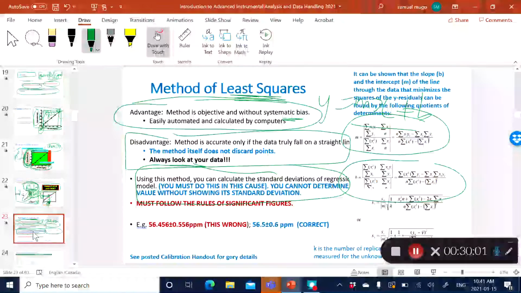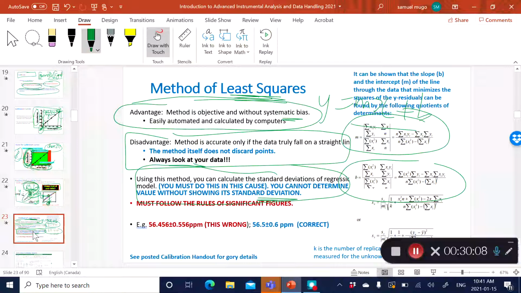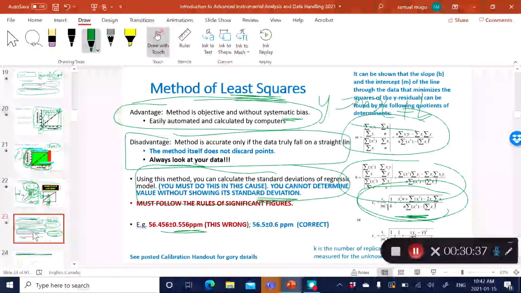Any value you determine needs to have a standard deviation associated with it, because there's always an error inherent in every analytical method. The good thing with the least squares method is that you can determine the standard deviation of your measurement using that relationship. And so I would expect all of us to make sure they calculate the standard deviation of their measurement.